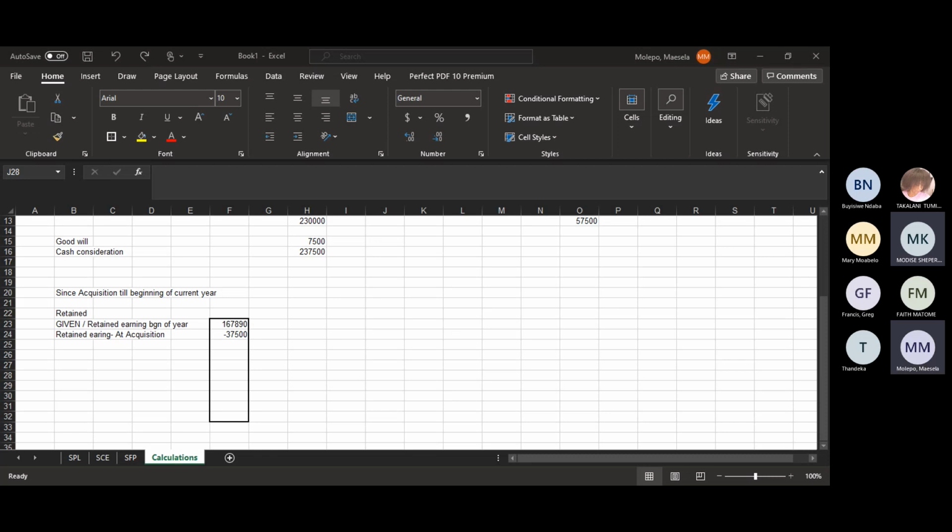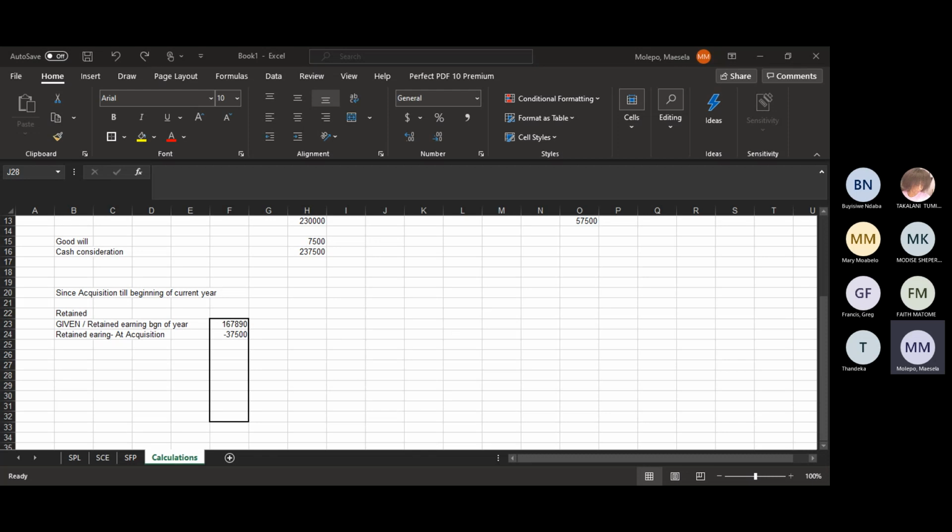Remember, now it's opening, right? And since it is opening, we assume that at the end of the year it will be sold. We assume that the 75,000 we have today will be sold. So it means the 75,000 will become a realized profit at the end of the year.